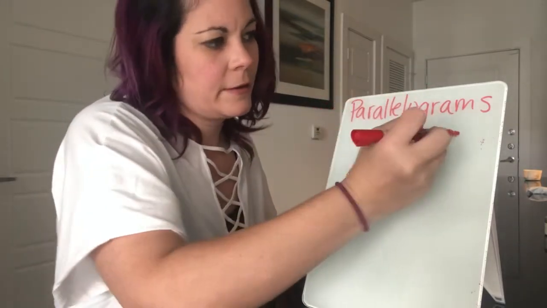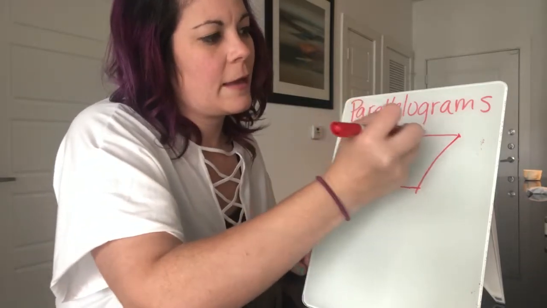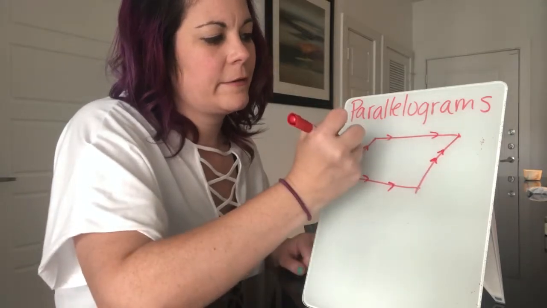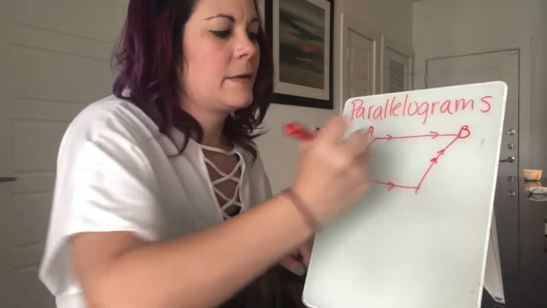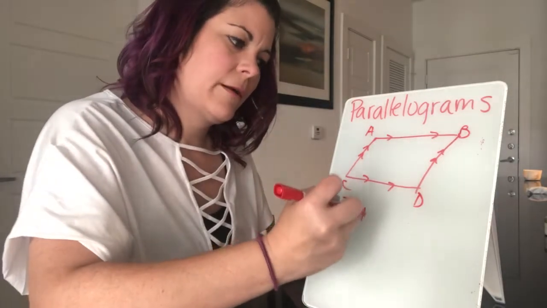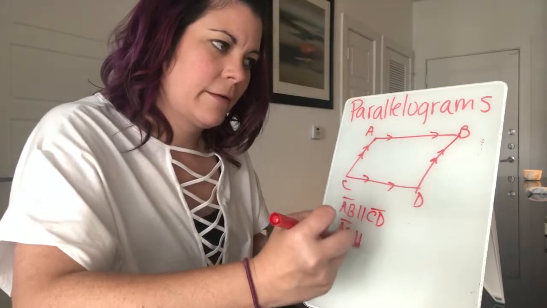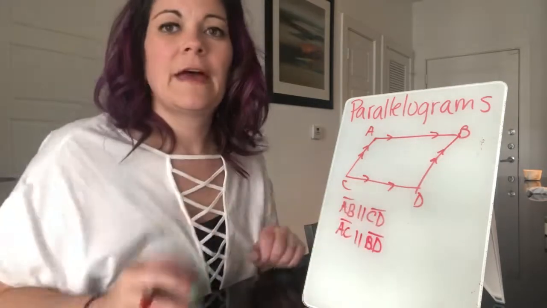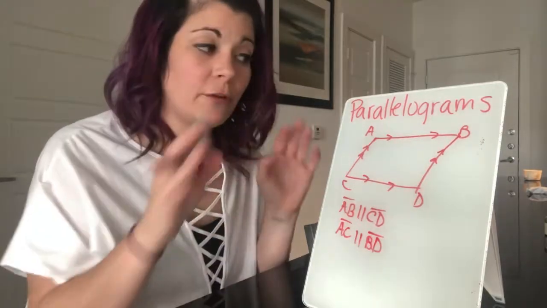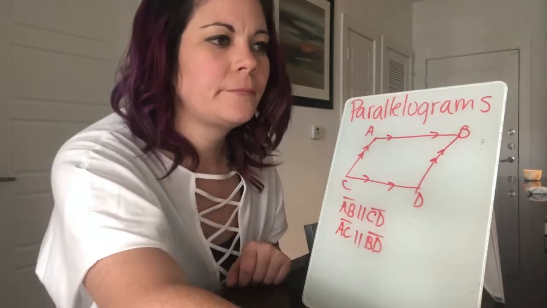So we have this, and if opposite sides are parallel, this side parallel to this side, ABCD, so if AB is parallel to CD and AC is parallel to BD, then it is a parallelogram. You can state that it is a parallelogram. So in your proofs, if you prove that the opposite sides are parallel, then you can state that it is a parallelogram.